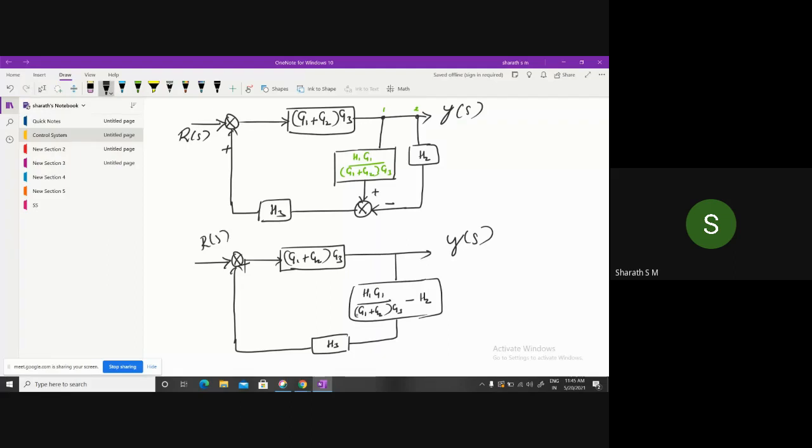So now these two blocks are in series, so just make it as a product here, and then it will be in a positive feedback for this block. So write on the equation.